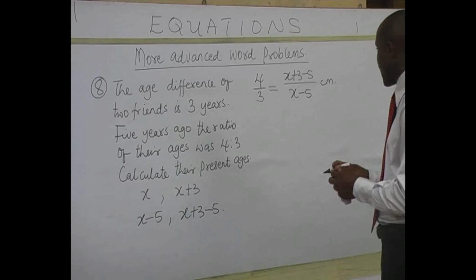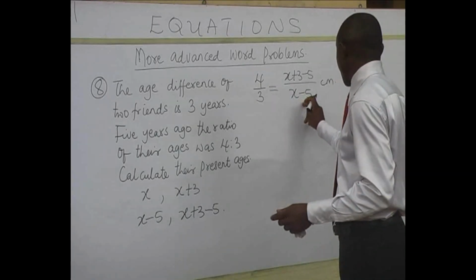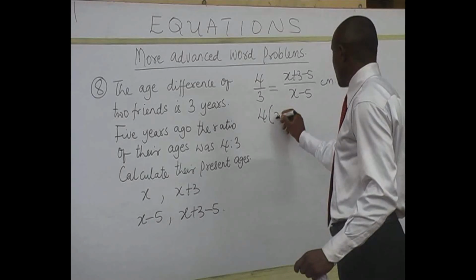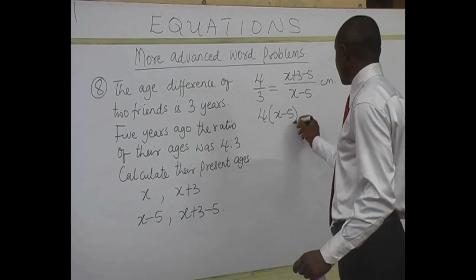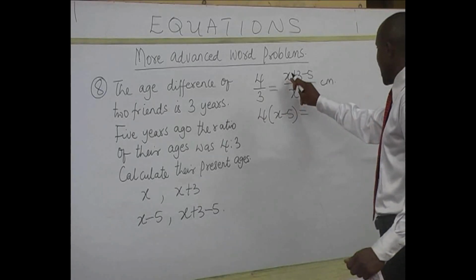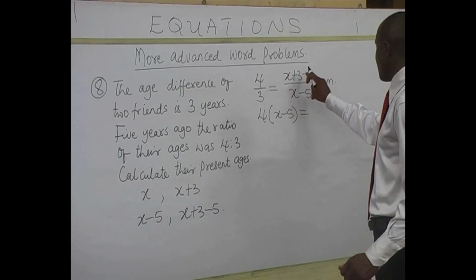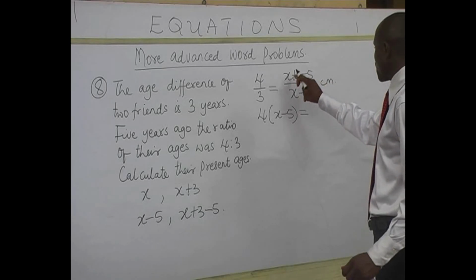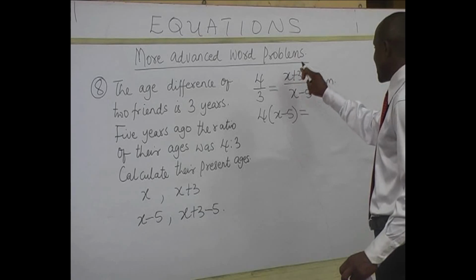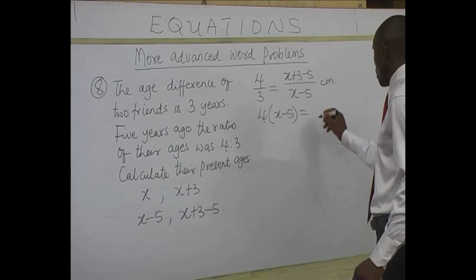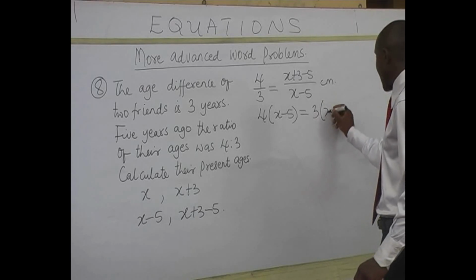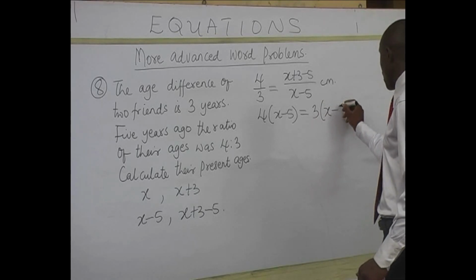Now cross multiply. 4 times X minus 5 will give you 4 into X minus 5. It's going to be equal to 3 times X plus 3 minus 5. X plus 3 minus 5 is X minus 2, because 3 minus 5 is minus 2. So you're going to have 3 into X minus 2.